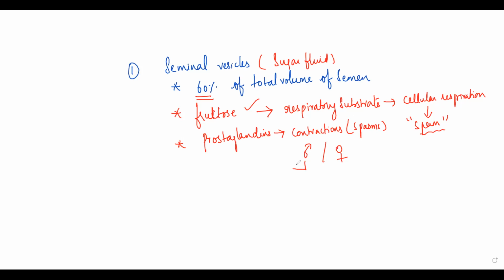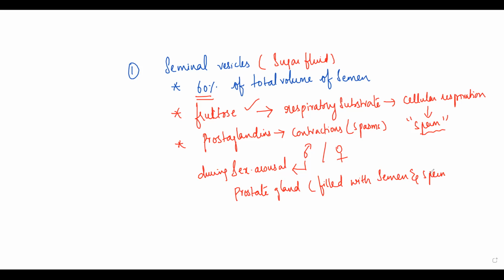In the male reproductive tract, during sexual arousal, the prostate gland gets filled up with the semen as well as the sperms. So this gives a filled-up feeling for a male during sexual arousal.